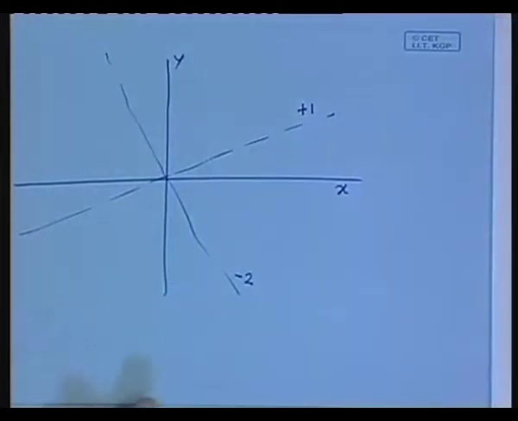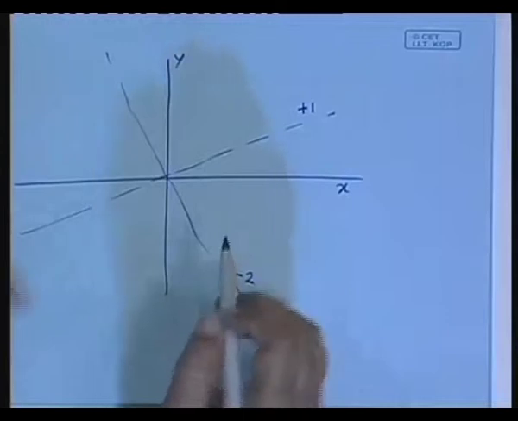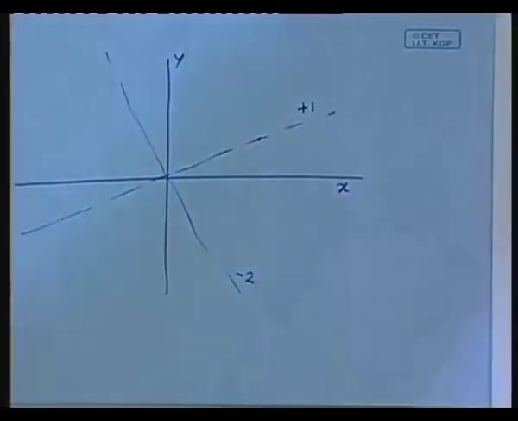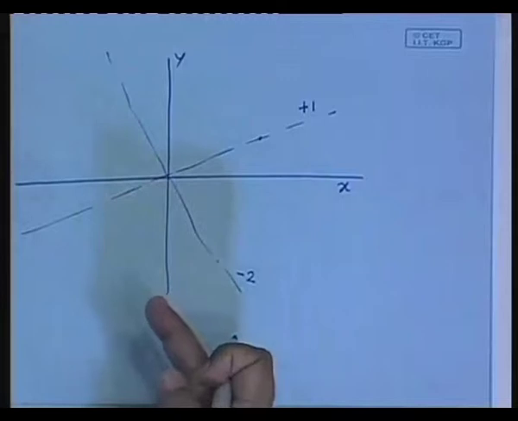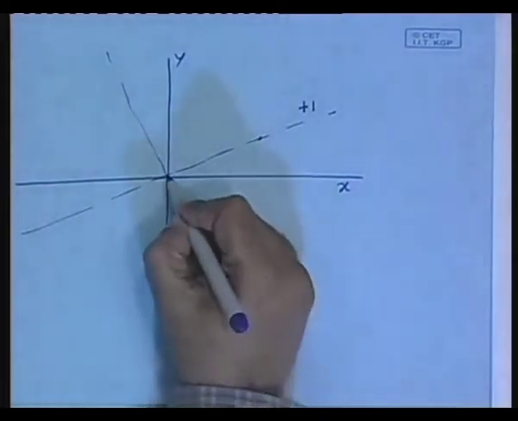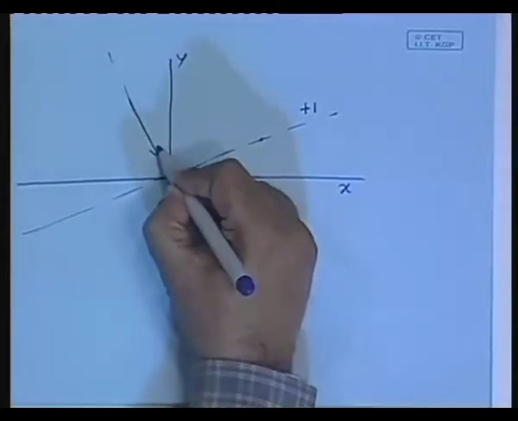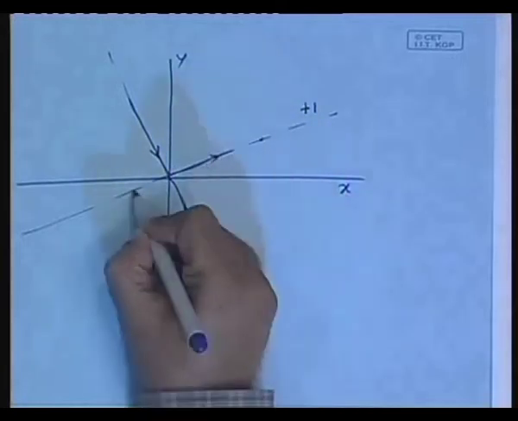What will happen? Wait. If there is any initial condition exactly on this line, it will diverge. If there is any initial condition exactly on this line, it will converge. So this is the converging direction and this is the diverging direction.